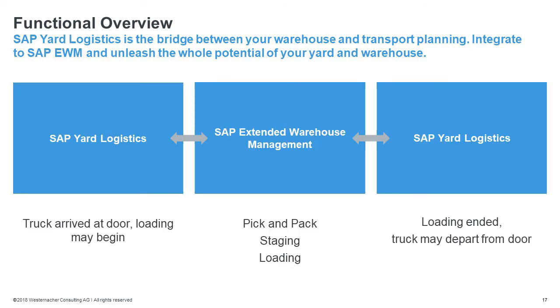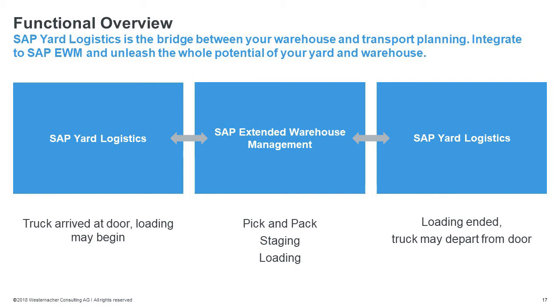Okay, then I want to highlight some of the functionalities where SAP is very strong. We have a really tight integration with SAP Extended Warehouse Management. How does it work in detail? We have our transportation unit being planned in SAP EWM, and there we have the complete integration.